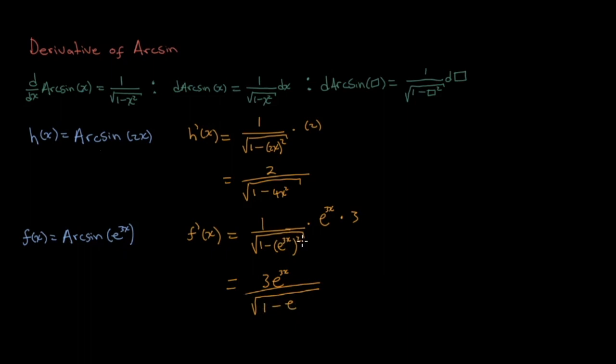Now remember, when you take the power of a function that already has an exponent in it, you just multiply the exponents. So in this case, it'll be 2 times 3x, which is just going to be 6x. Power of 6x. Then we'll close that off there, and that will be the answer. That is the derivative of this function. So there you have it. That is how you calculate the derivative of an arcsine function.